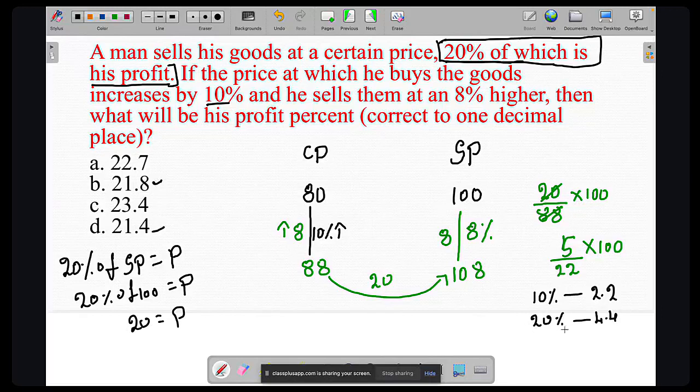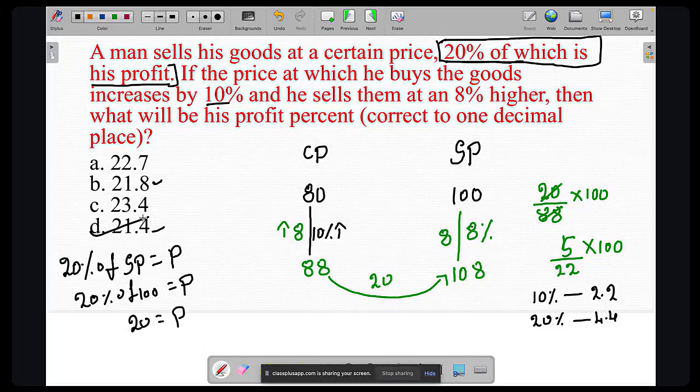Let's check it because I'm very close. I want 0.6. 0.1% is 0.22. Enough, 6 is needed. Then what might be the answer? This is your answer.